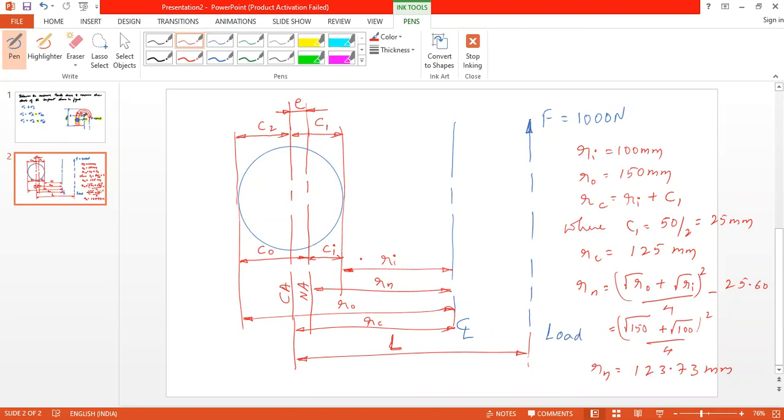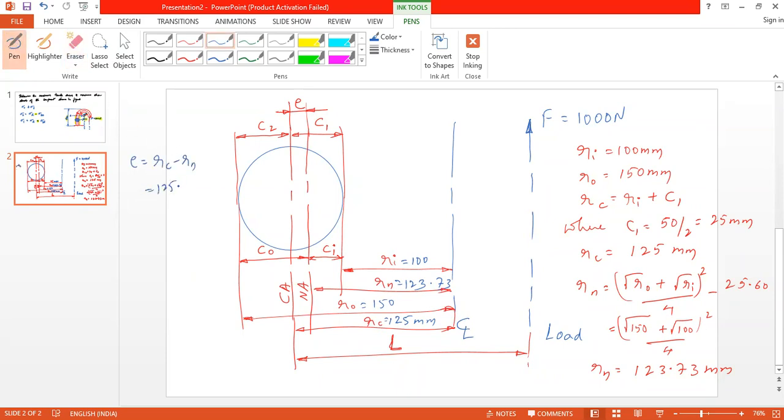So now we know that Ri is 100, Rn is 123.73, R naught is 150, and Rc is 125 mm. So what is e? e is Rn minus Rc, or Rc minus Rn.